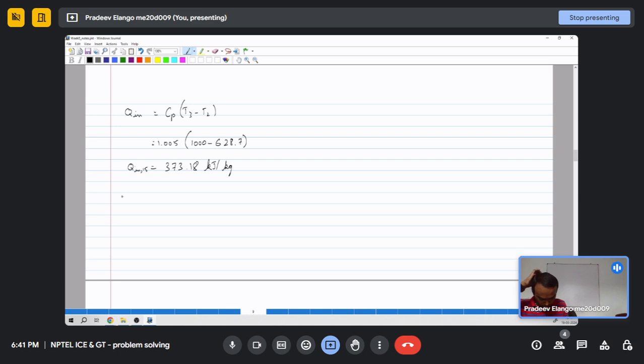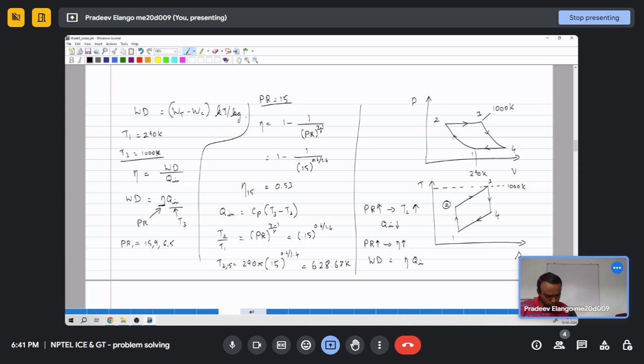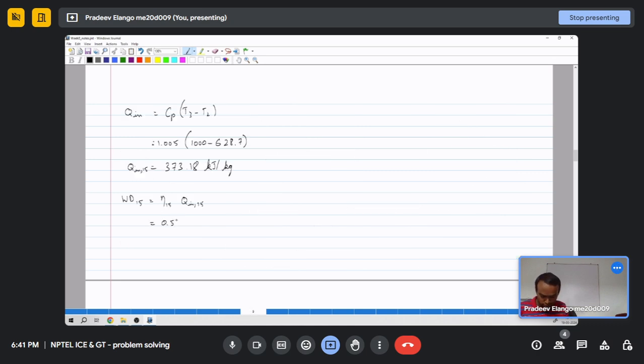Now if you want to calculate work done for 15, we have efficiency at 15 and Q in for 15. Efficiency is 0.53 into Q in is 373.18. Can you calculate work done?